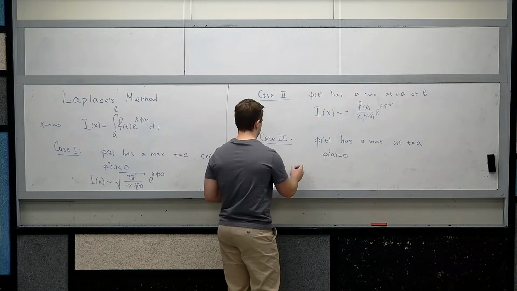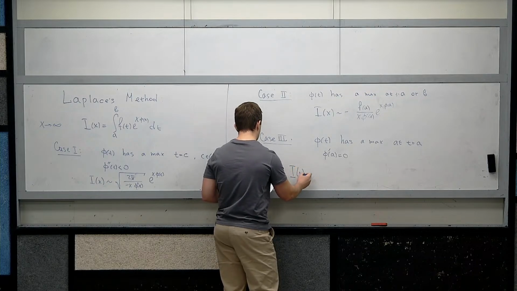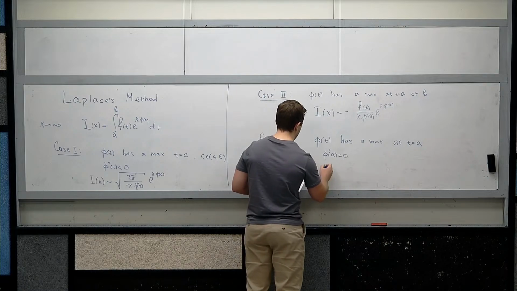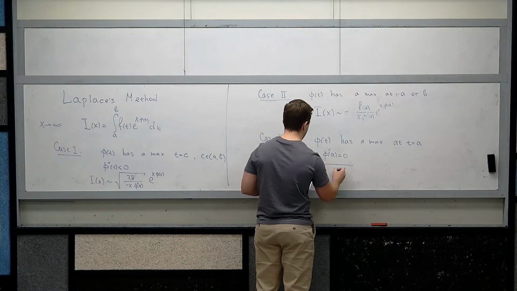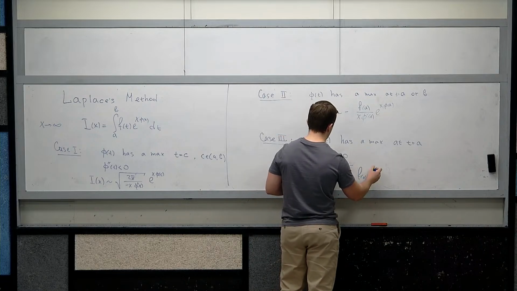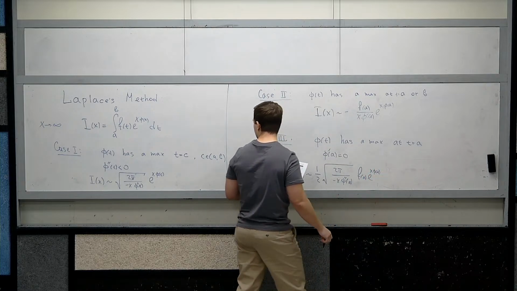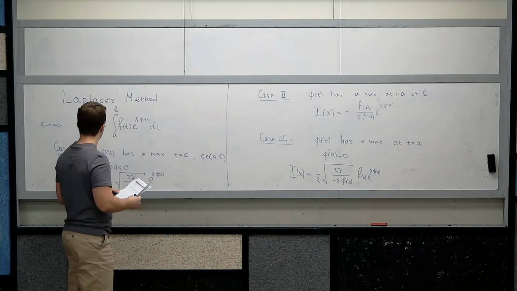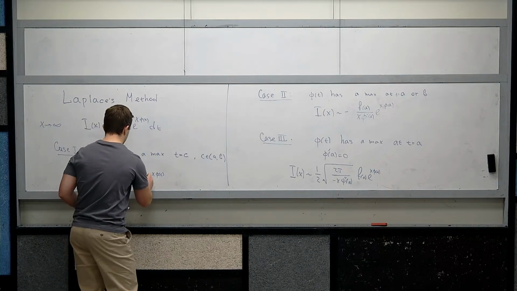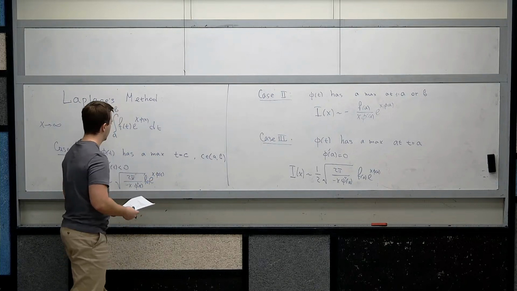In this case, the integral is approximately one half times the square root of pi over minus x phi double prime of A, times f of A e to the x phi of A. Yeah, there is also f of c in this formula.